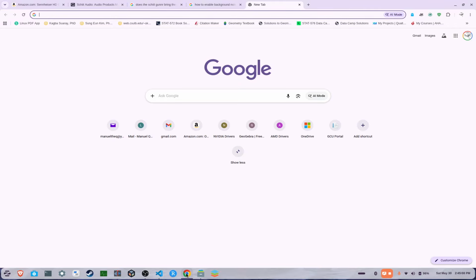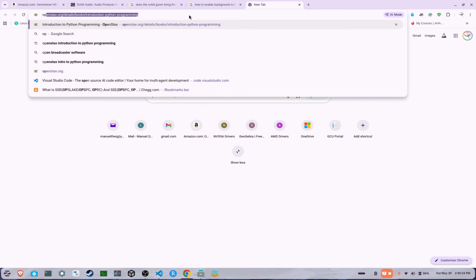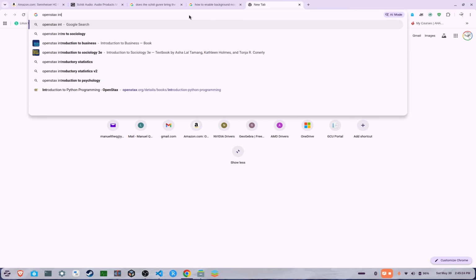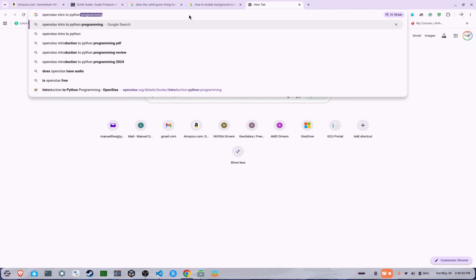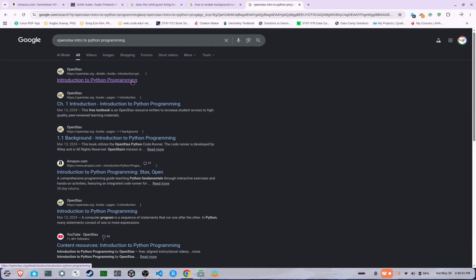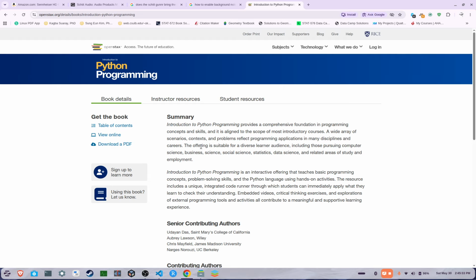Let's go ahead and continue our dive into general purpose Python. As always, let's look at the textbook that I recommended. Let's Google search OpenStax's Intro to Python Programming. When you Google search, you should get this one. There we go, the book.